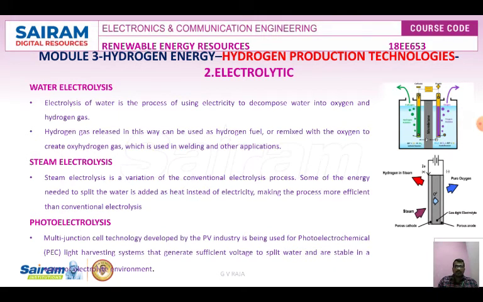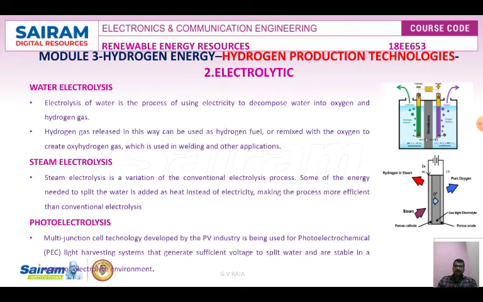Alkaline electrolyzers immerse the two electrodes, cathode and anode, in an alkaline electrolyte. A solution like sodium hydroxide or potassium hydroxide will be added and voltage is applied to the electrodes. The resulting migration of ions in the solution results in the production of hydrogen at the cathode and oxygen at the anode.